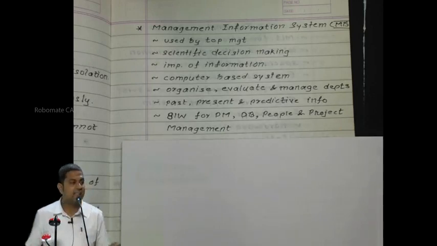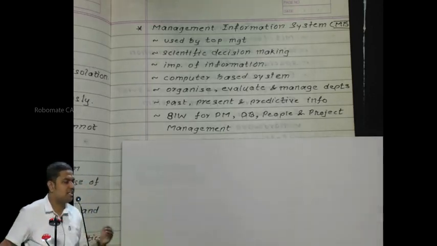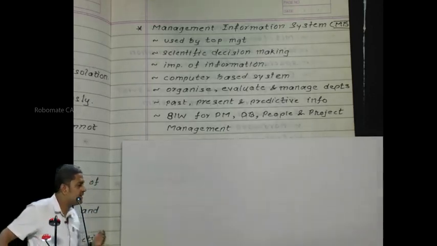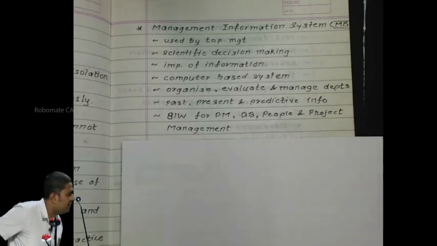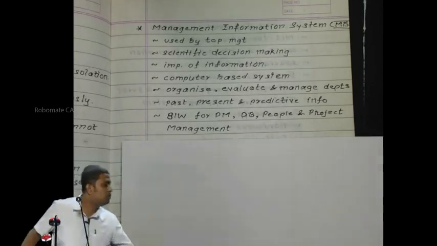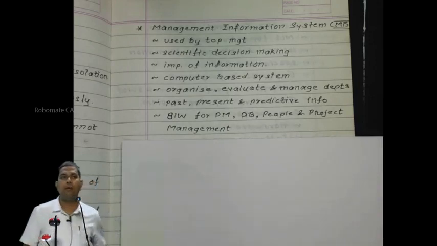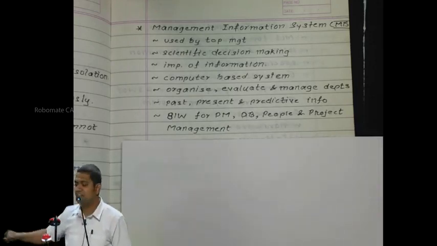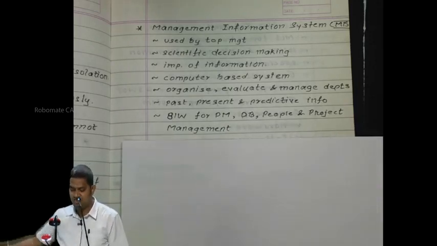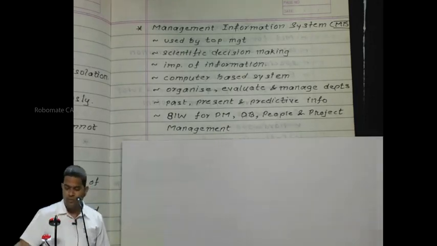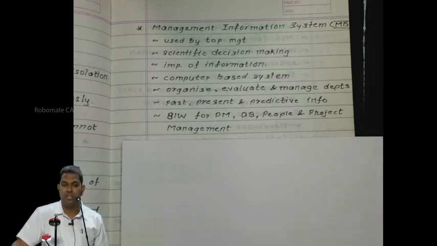It is all the connection between past, present and future. Taking a decision is a present activity which will affect the future, and which is done depending upon the data and information collected from the past. They are predicting the future based on the past.